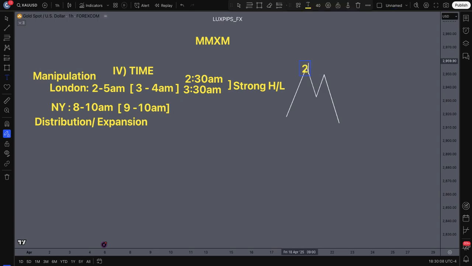This high was at 2:30 a.m. And then you want to look for your market maker sell model. Right here, right? IRL to ERL.